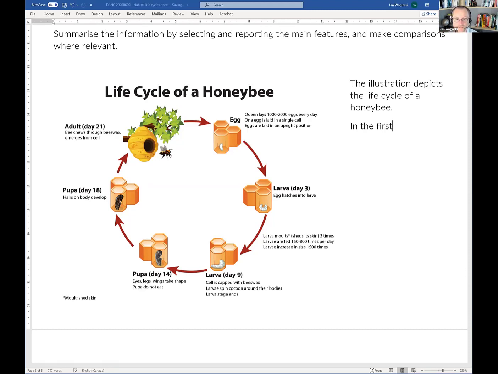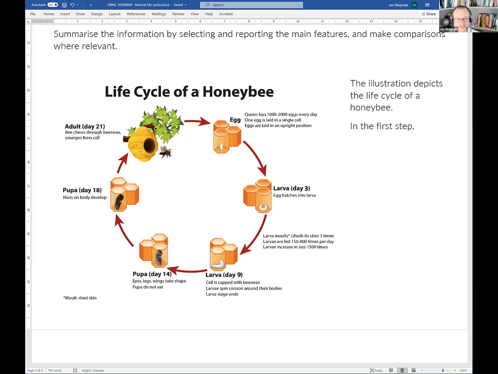Okay, in the first step, what happens? So do you know a synonym for lays? Hatch? No, hatch is later, when larvae hatch from the egg. Or when the chick hatches, when the egg cracks open and the chick pops its head out. Incubate?